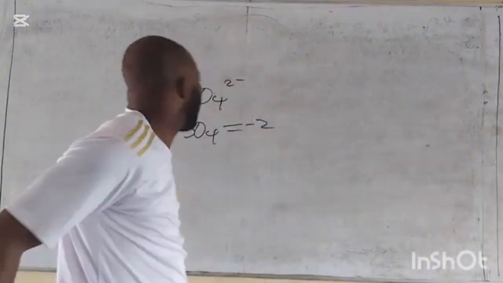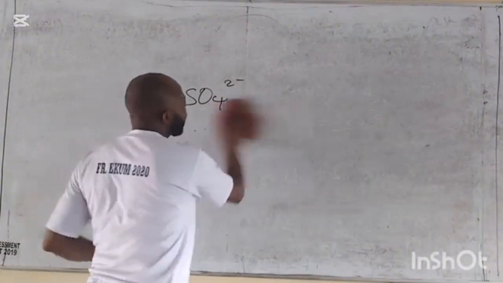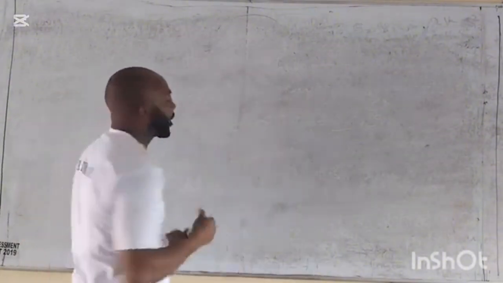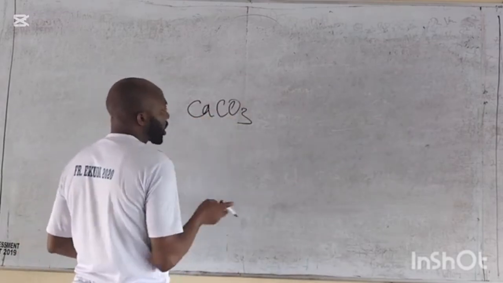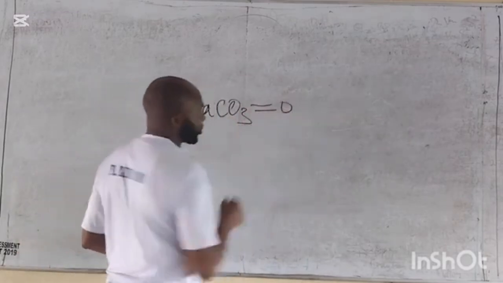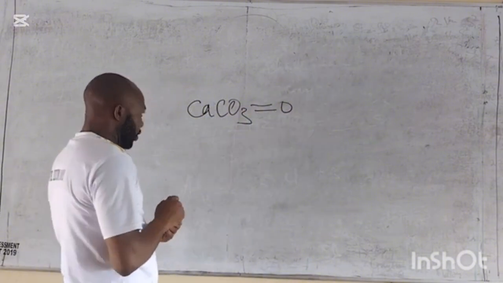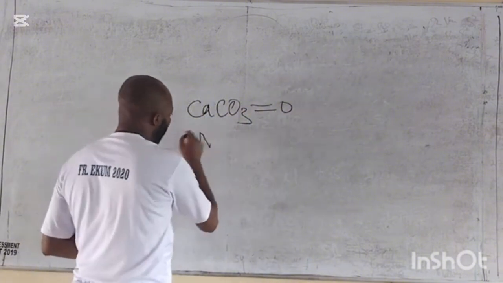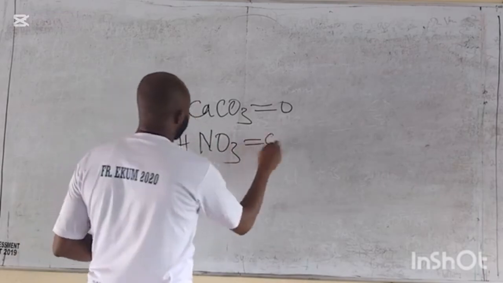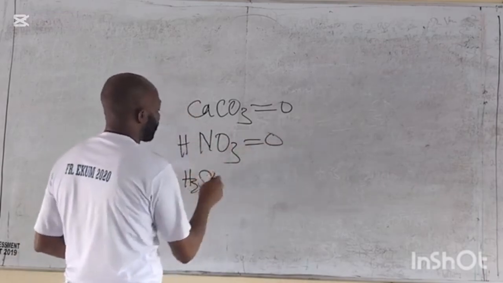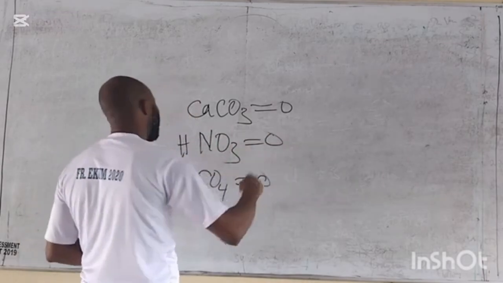A neutral compound means a compound that does not have charge in it. So if I have calcium carbonate in its neutral state, this is equal to 0. HNO3 in its neutral form is equal to 0. H2SO4 is equal to 0, and so on and so forth.